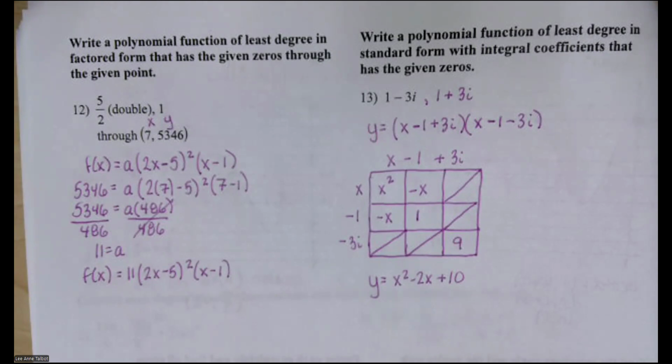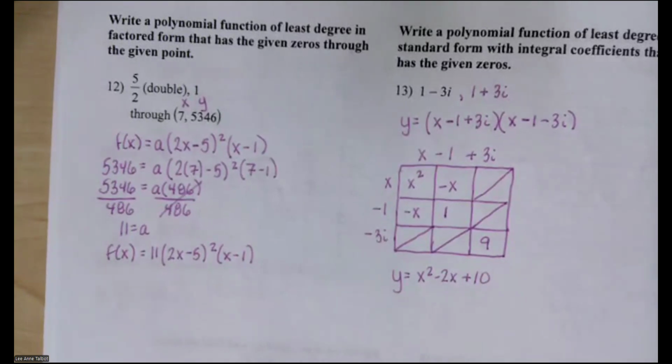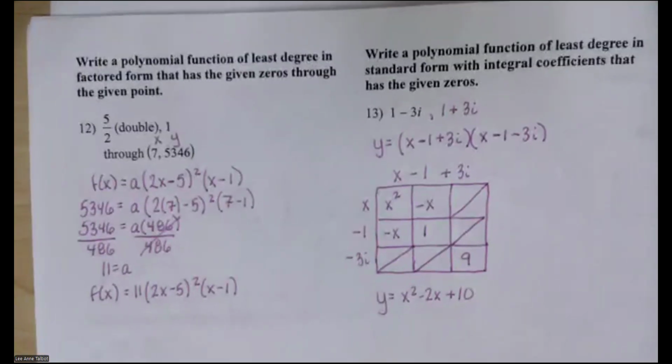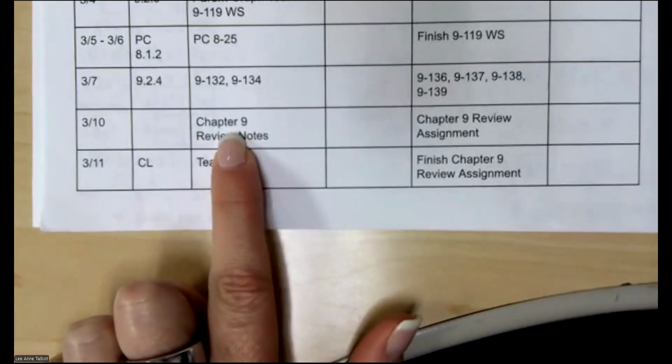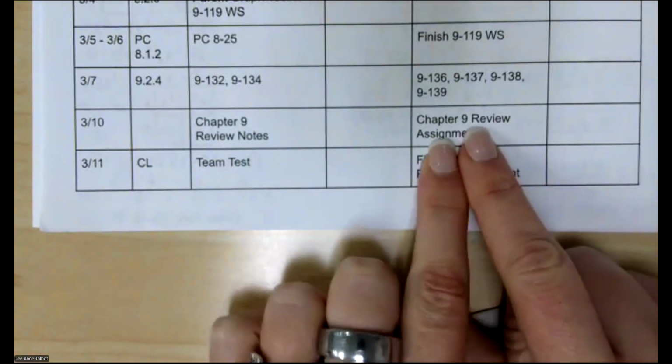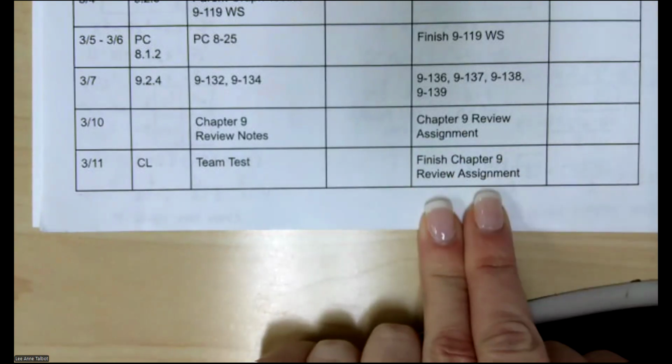Okay, so if you guys could flip to the stamp sheet side real quick. Okay, so we are here. Notice that the review assignment is the homework, but it's not one night's homework.